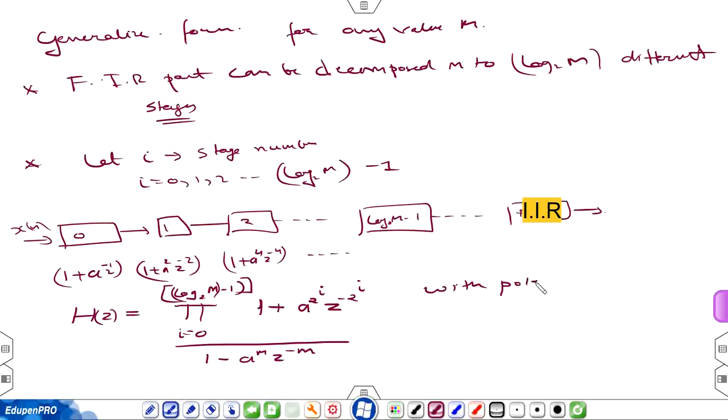with poles at, so the poles will be located at z equal to a into e raised to power j 2 pi by m, e raised to power j into 2 into 2 pi by m, like this, up to e raised to power j m minus 1 into 2 pi by m.